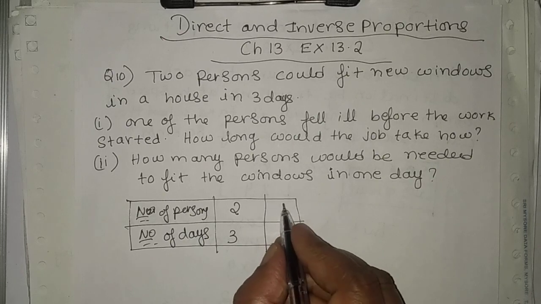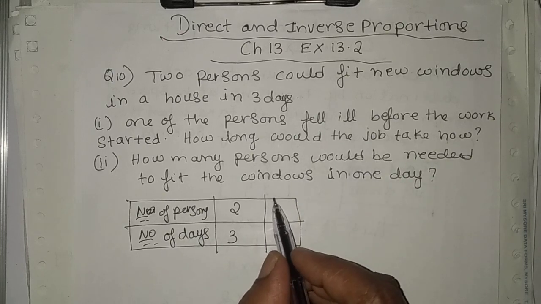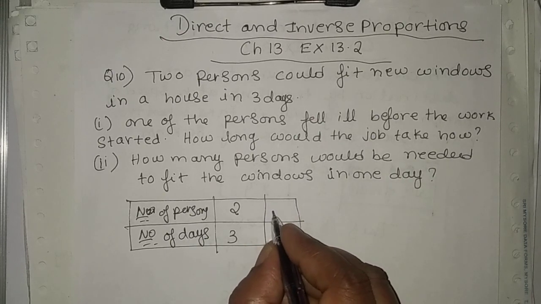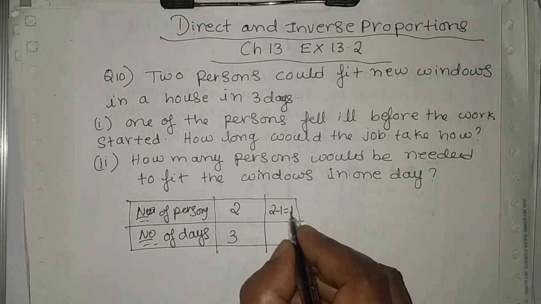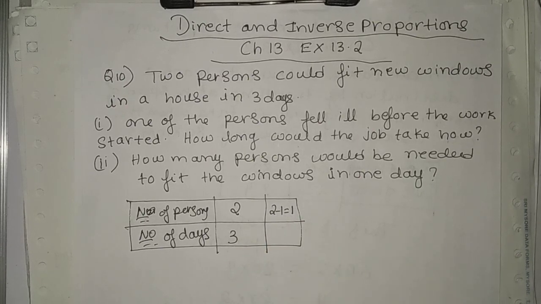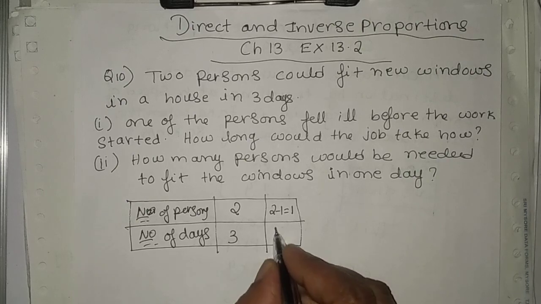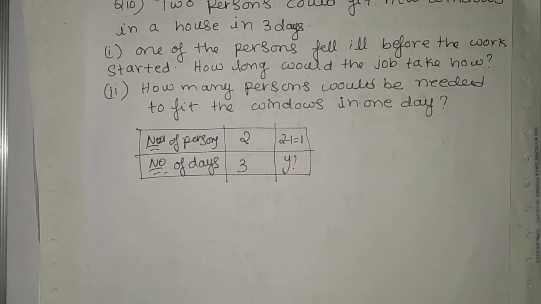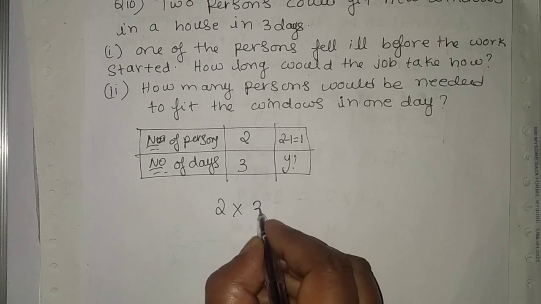If the person fell ill, that means 2 persons minus 1, so it will become only 1 person. So how many days will the work take to complete? Therefore, we'll take 2 into 3.